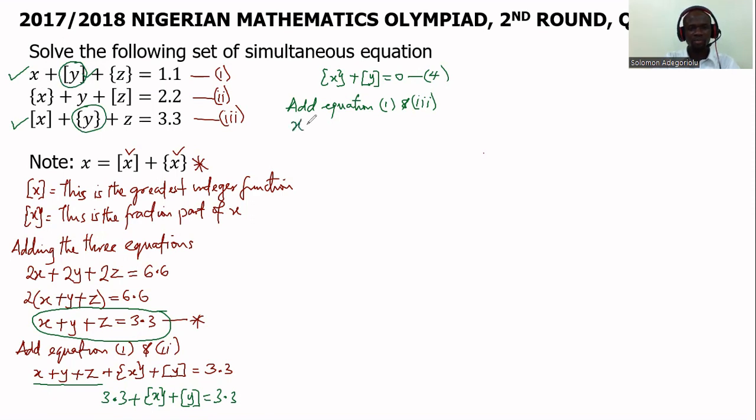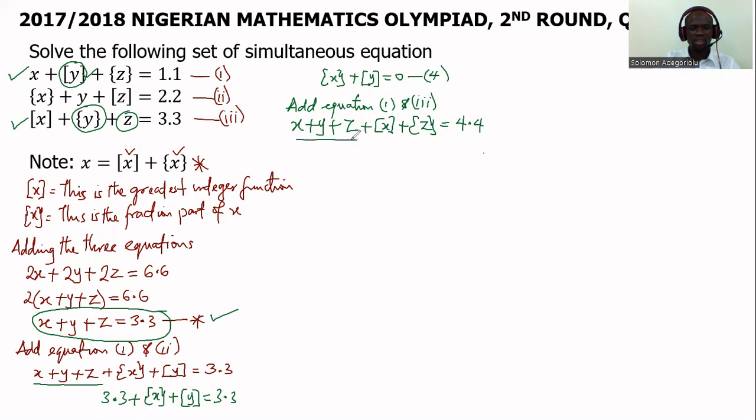That's x plus y plus z. Then we are left with the greatest integer of x and the fraction part of z, so we have plus the greatest integer of x and plus the fraction part of z. Then addition of 1.1 and 3.3 will give us 4.4. Don't forget, we still fall back to this: x plus y plus z is equal to 3.3.